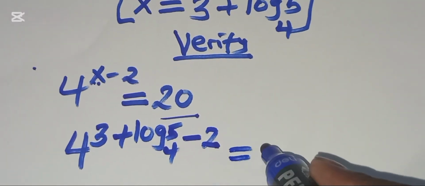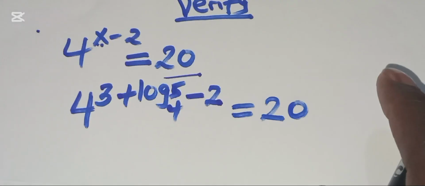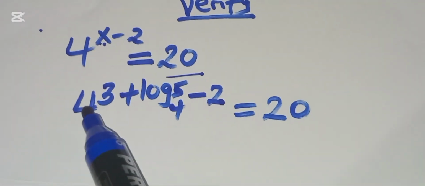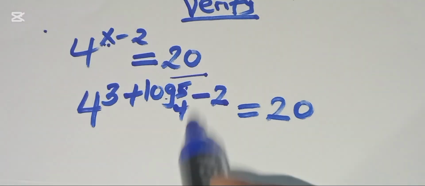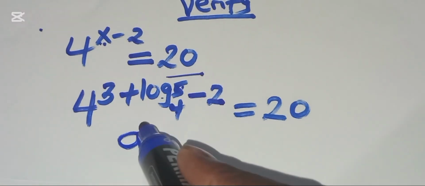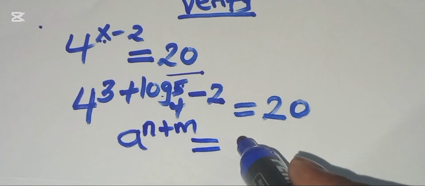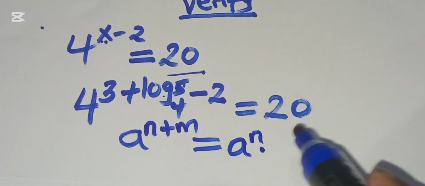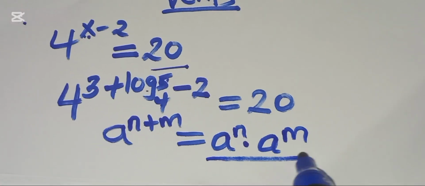This is supposed to give us a value of 20. From here, you find that 4 raised to power 3 plus log 5 to base 4 is in the form of a raised to power n plus m, which we can express as a raised to power n multiplied by a raised to power m. So let's transform it in this form.